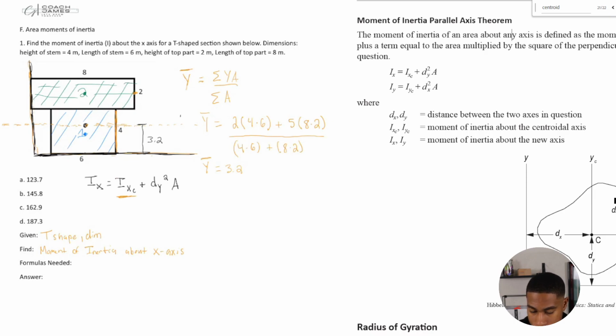We would say, what's the inertia of part 1? So I just say Ix of 1, and that equals, well, what's the inertia of a rectangle?